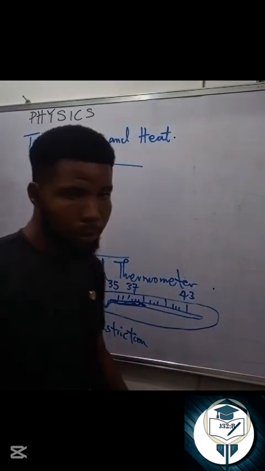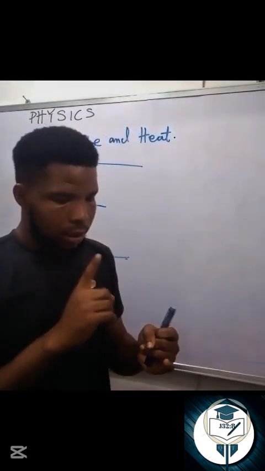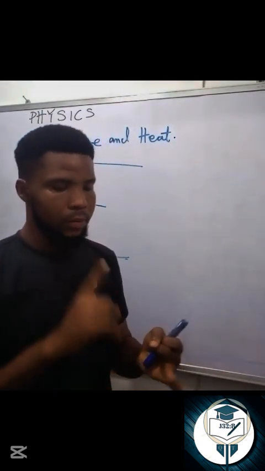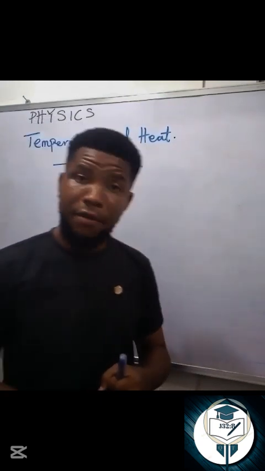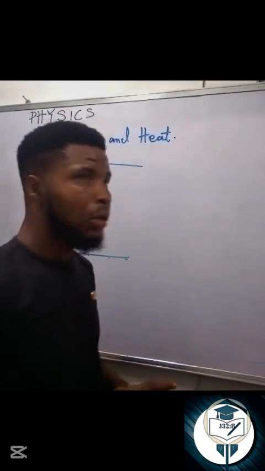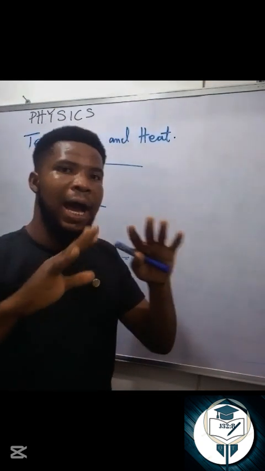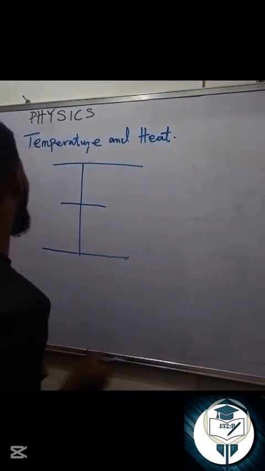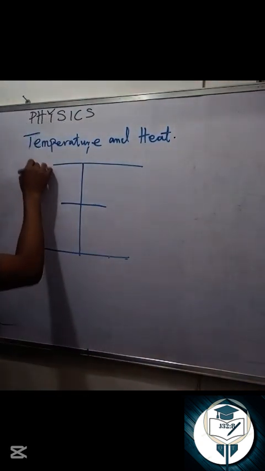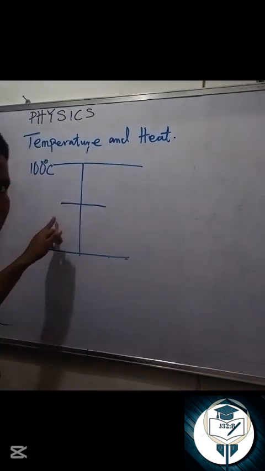Now, temperature is measured in Kelvin, degrees Celsius, and degrees Fahrenheit. If we want to use our scale, upper fixed point and lower fixed point, we know that the temperature of boiling water is 100 degrees Celsius on the Celsius scale.